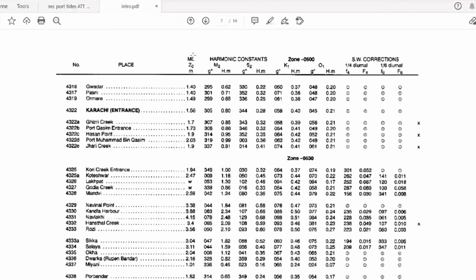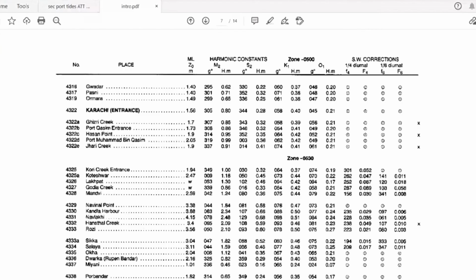Suppose the water was not rising up or going down, what would be the level of water? That is mean level, because the water can go below or above the mean, like a cosine wave and a sine wave. It can go above and below a horizontal line. That horizontal line about which the sine wave or cosine wave oscillates is your mean line. So mean level is clear? Yes, sir. So assuming there is negligible rise and fall of water, what you are getting is mean level.